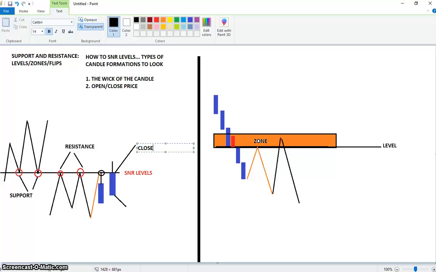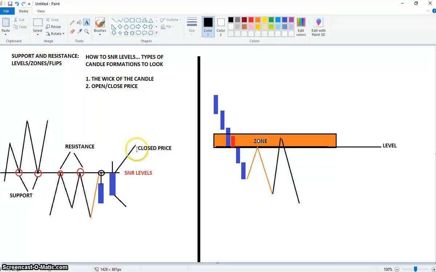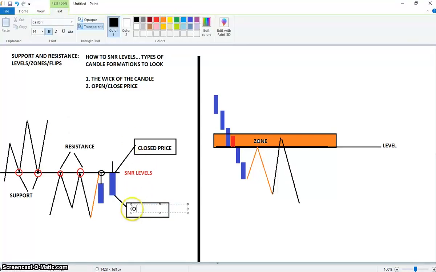So price can reject at close price. Okay, price can reject at this close price. That's close price, right? And here is open price. Open price is where the price opened before the candle began to move.